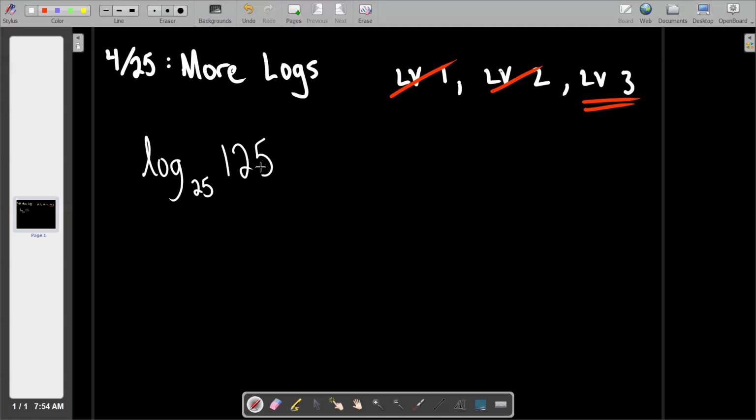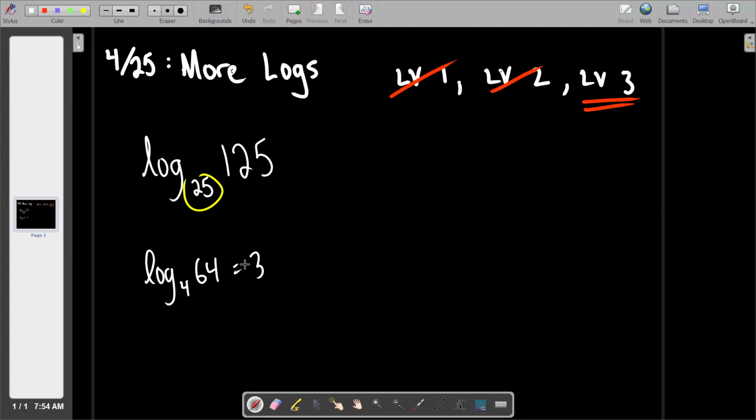And the trick to this, when you see this issue, right away you should see the problem, because I'm asking you to take 25 and raise it to some power that would equal 125. And that's just not normal. We're used to something simple like log base 4 of 64. Well, that's easy, that's just 3.